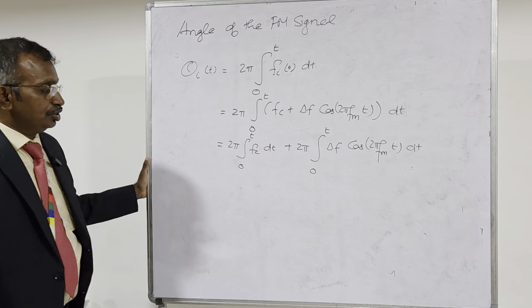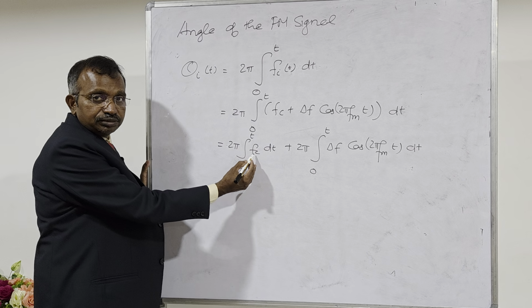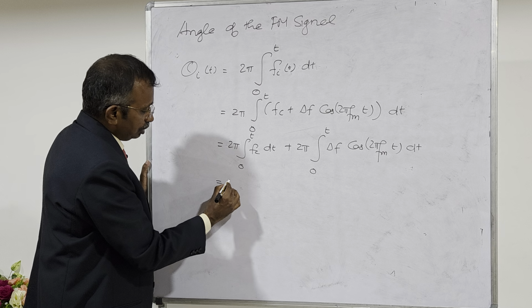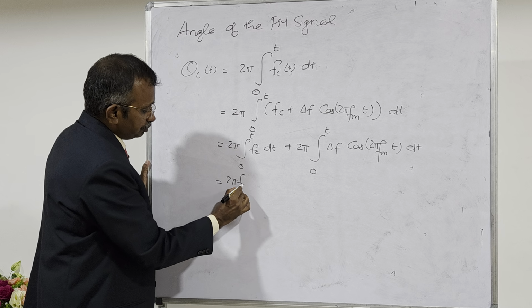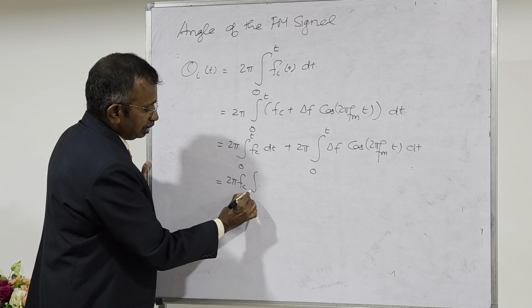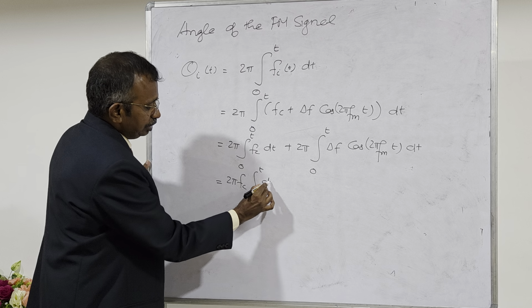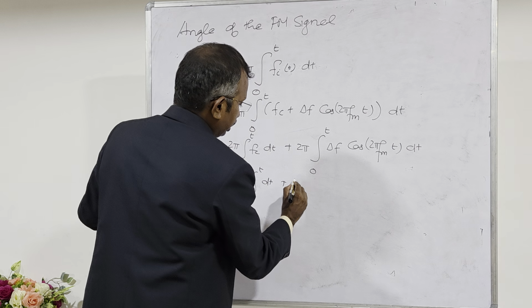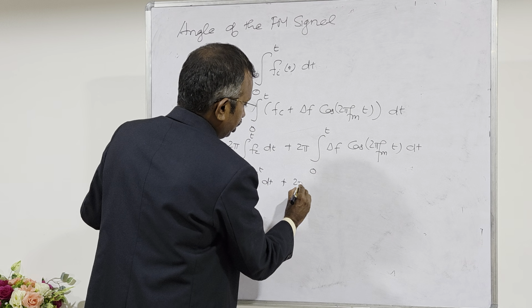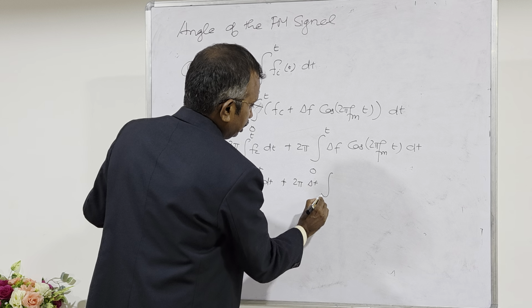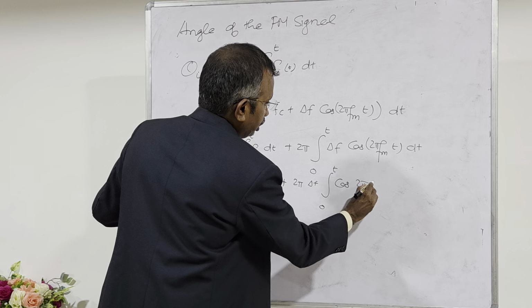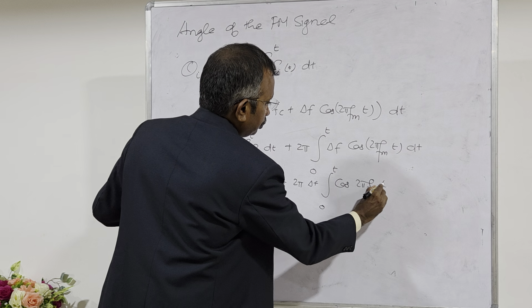So here fc is constant, so I can take fc outside, so that I have 2 pi fc into integral 0 to t dt, plus, so here also del f is constant, so I can take it outside, so 2 pi del f integral 0 to t cos 2 pi fm into t dt.